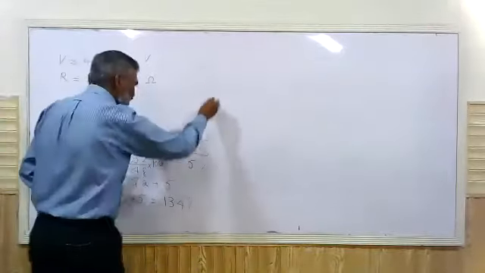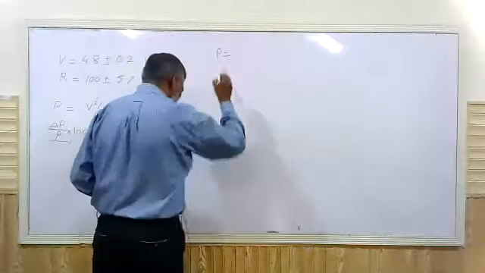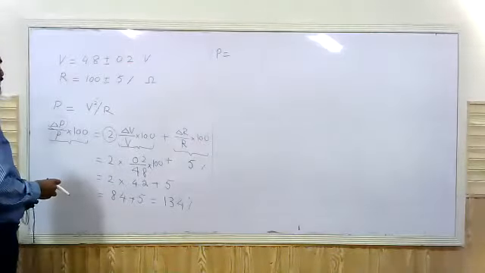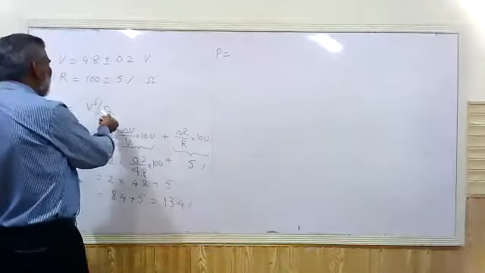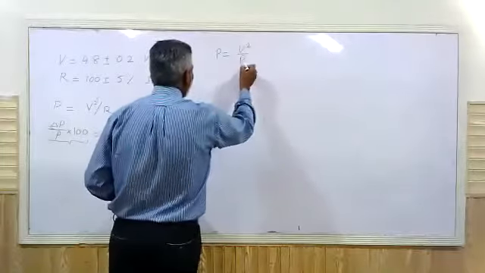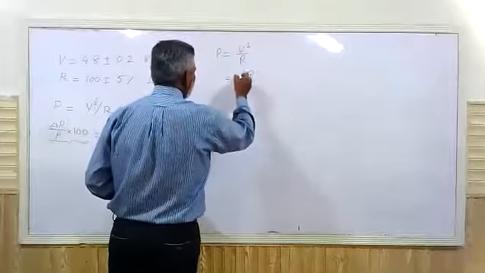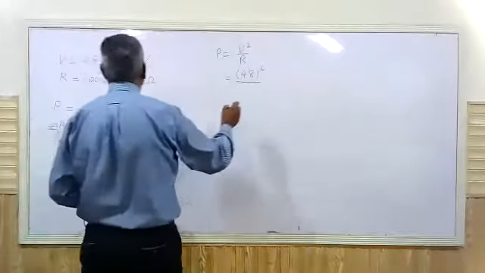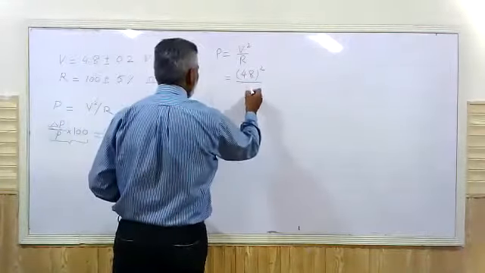So obviously for that purpose, we need to know what is the value of P. The value of P is calculated using this formula, V square over R. V square over R means V is 4.8 squared divided by this 100. The value of R is in ohms, so this is 100.